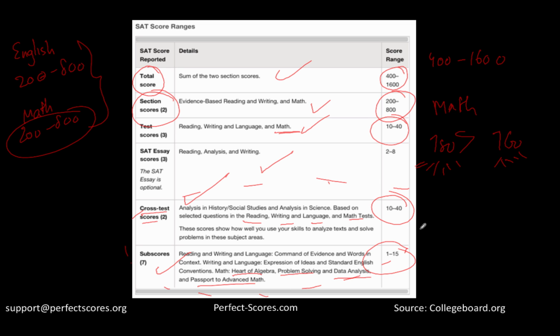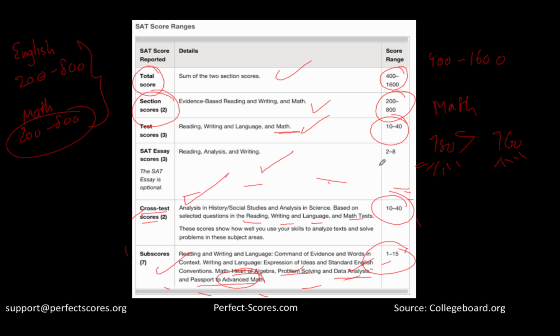They're able to see your strengths. They're able to see your weakness. So probably if you're applying for a business course, then definitely your data analysis and your problem solving is very, very important. But let's say you're applying for a math oriented course, then advanced math is also very, very important. So all these scores are going to be useful for universities to actually get to know about you.